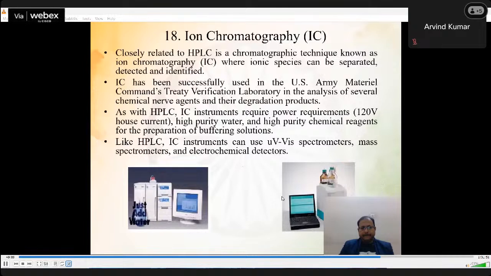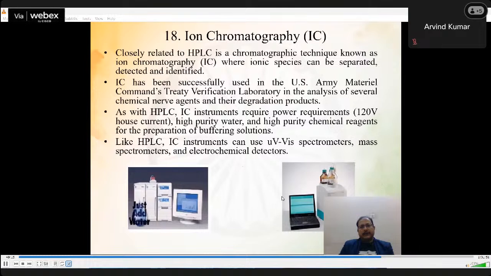Next is ion chromatography, again closely related to HPLC. It is a chromatography technique, IC, where ionic species can be separated, detected, and identified. IC has been successfully used in the US Army Materiel Command's Verification Laboratory in the analysis of several chemical agents and their degradation products.